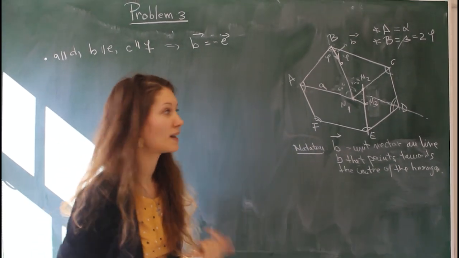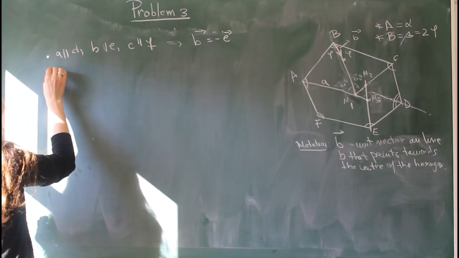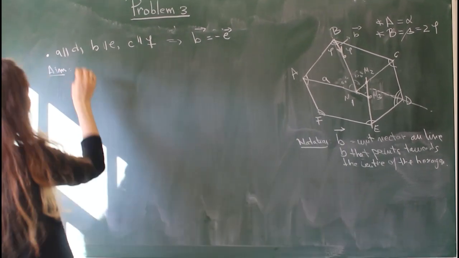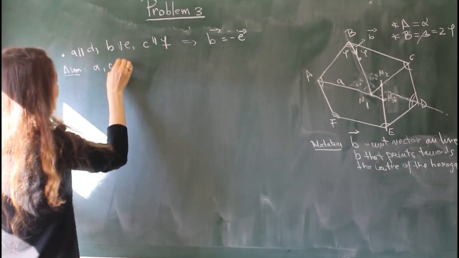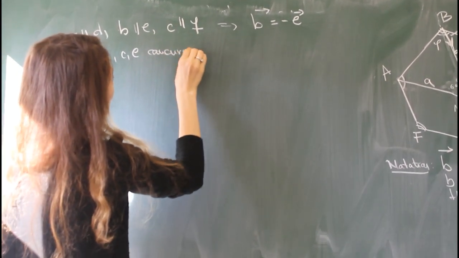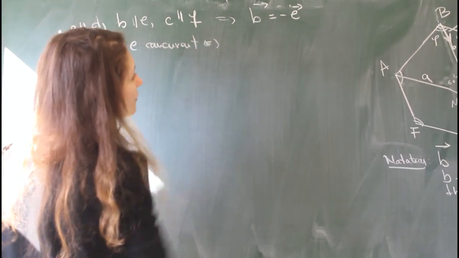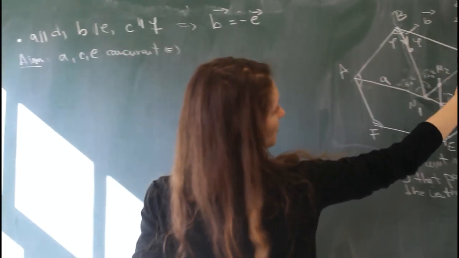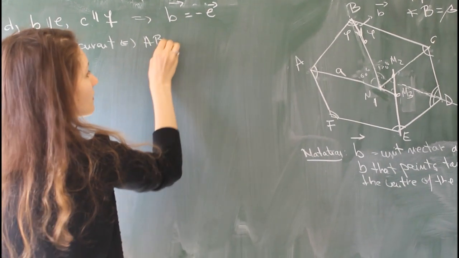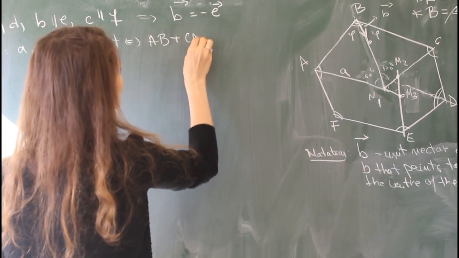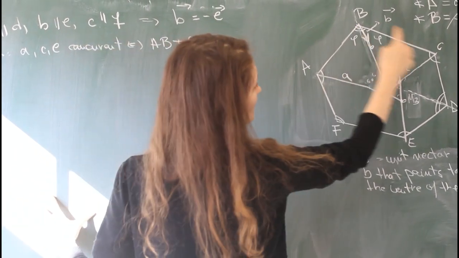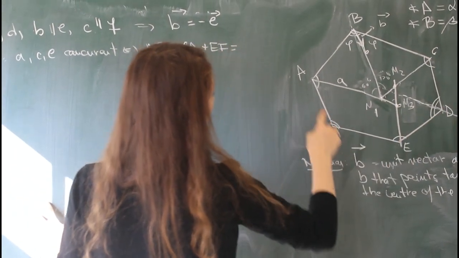So what is that relation we are going to prove? So A, C, E are concurrent if and only if AB plus CD plus EF is equal to BC plus DE plus FA.